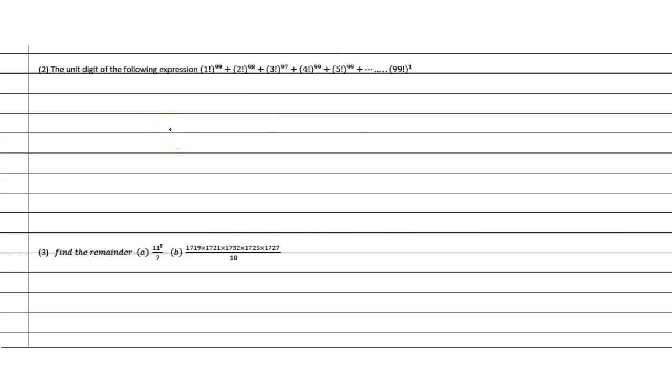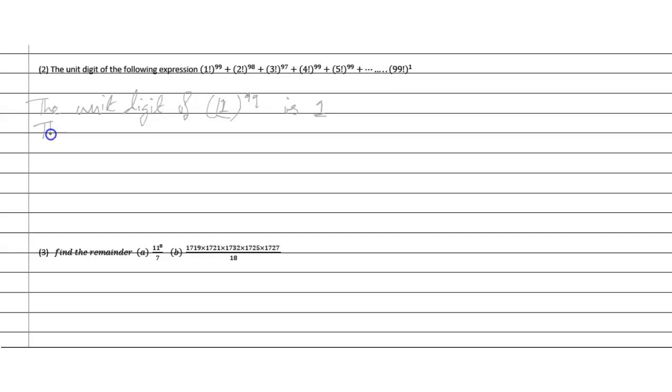Now friends, we have to find out the unit digit in the following expression. So friends, whatever you see, the unit digit of 1 factorial whole to the power 99 is 1.